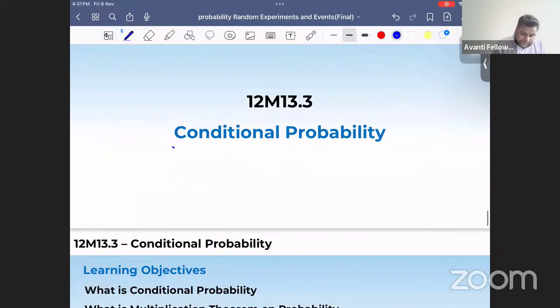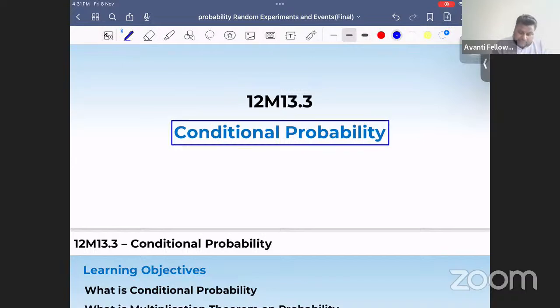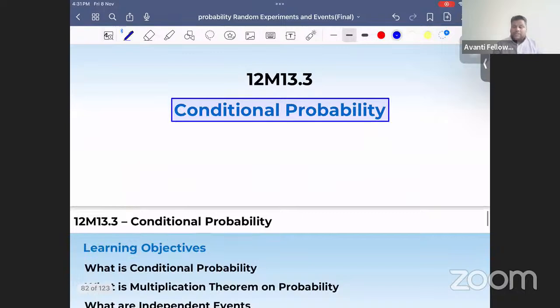Now this is where we start with the probability of class 12th. That is what we call conditional probability. So what is conditional probability? First of all, I'll take a very simple example.